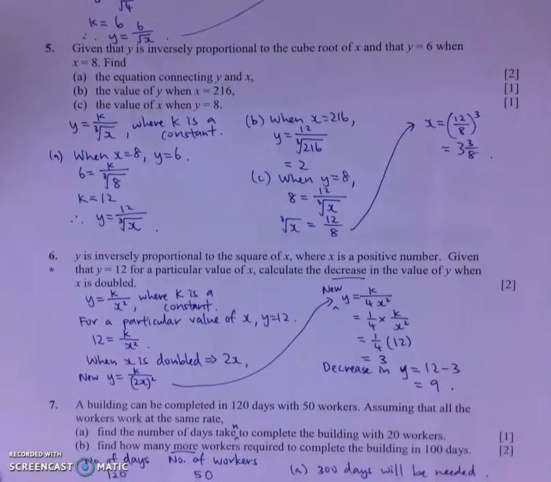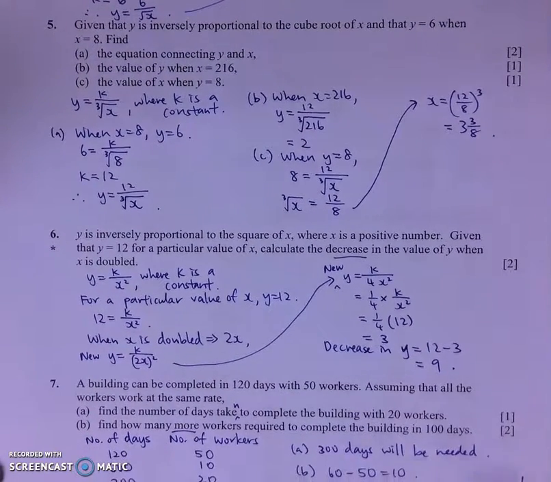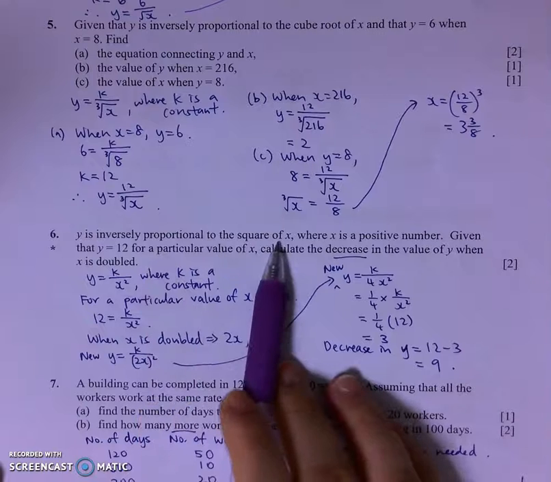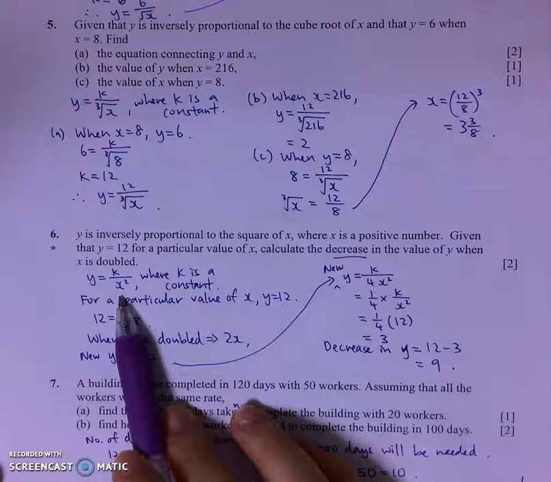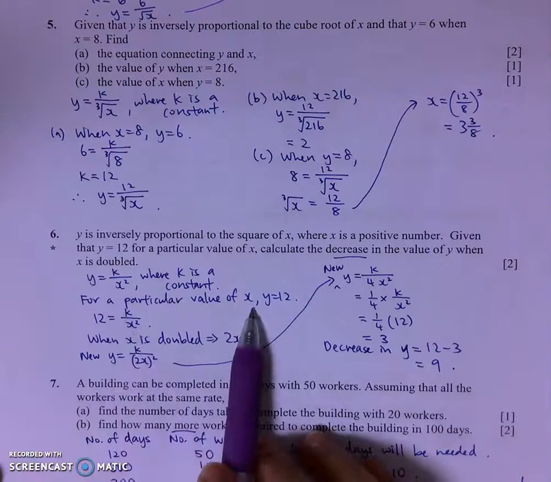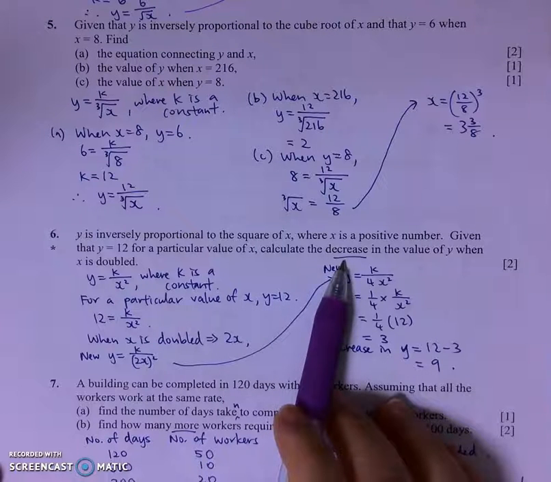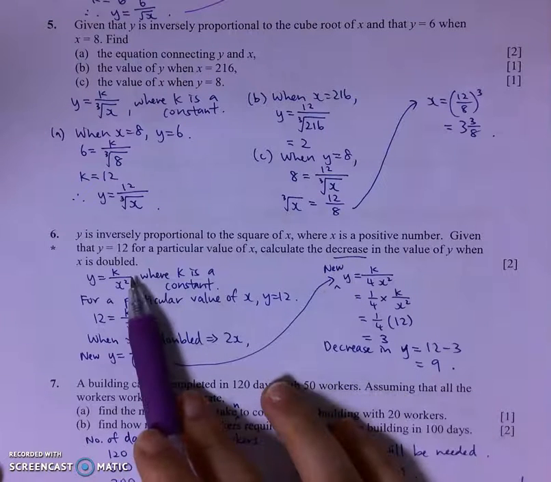Now for question 6, y is inversely proportional to the square of x. So I write down the equation, and they tell us that x is a positive number. Given that y equals 12 for a particular value of x, they want us to calculate the decrease in the value of y when x is doubled.